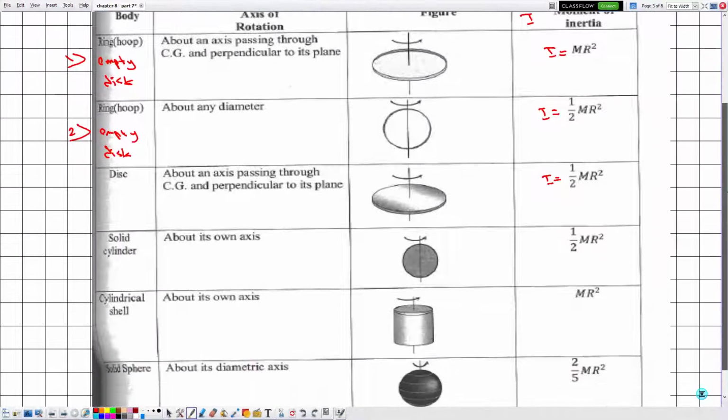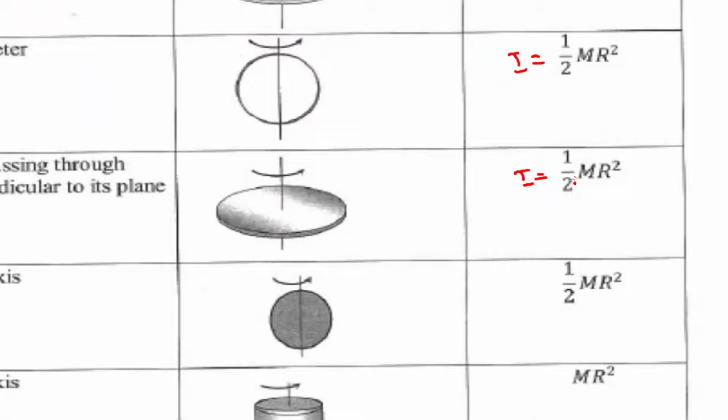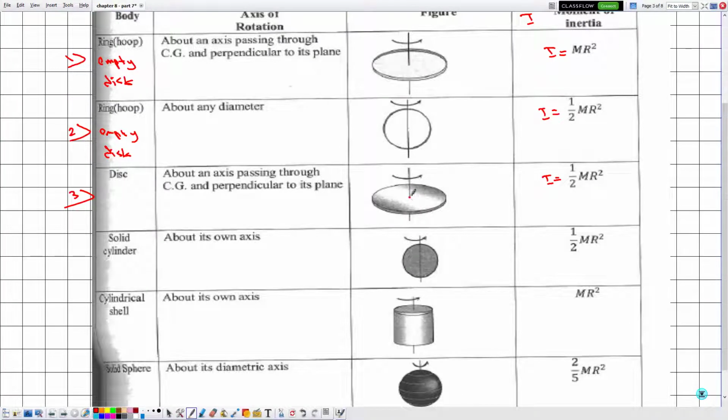Now if we are talking about a disk, then the moment of inertia around an axis passing through the disk is given by half mr square, in which r is the radius, m is the mass of the disk. Here r is the radius of the ring, and m is the mass. Let me write them here.